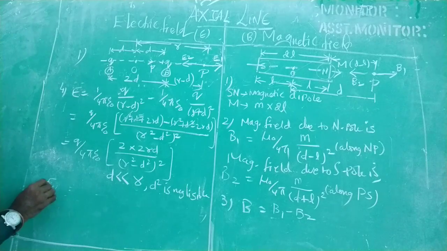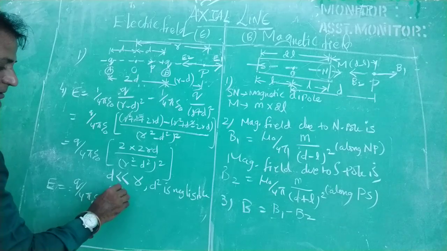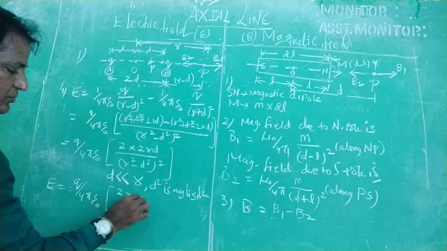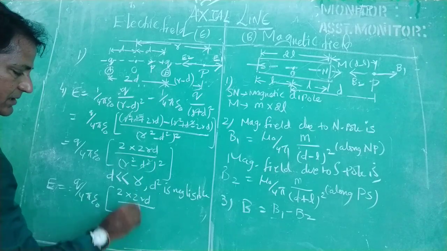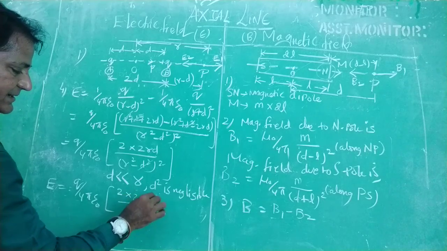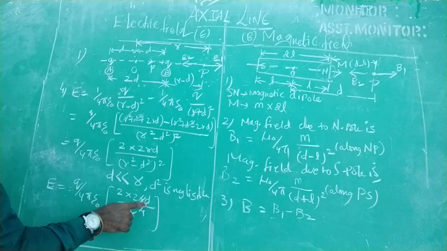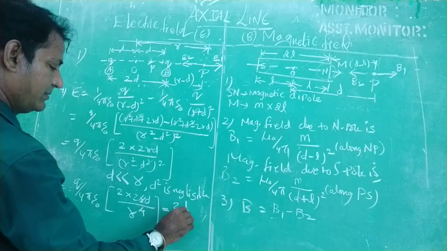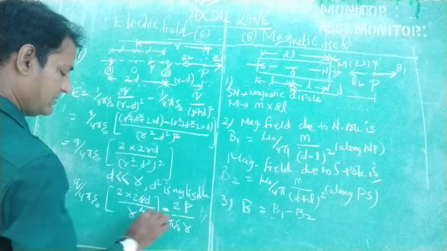So I get E is equal to q by 4 pi epsilon naught 2 into 2rd by r squared the whole square, r power 4, this r gets cancelled, and q into 2d is nothing but the electric dipole moment, so 2p by 4 pi epsilon naught r cube.